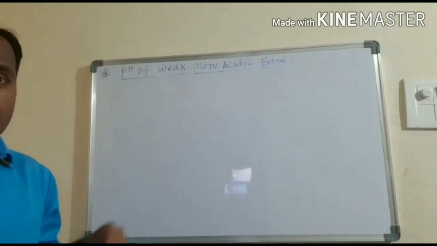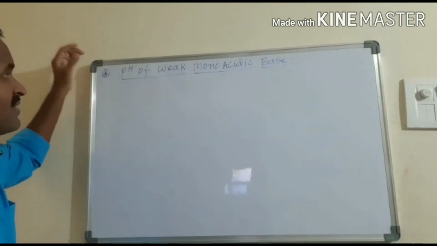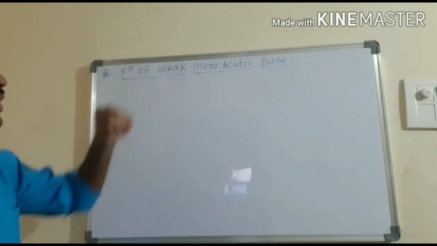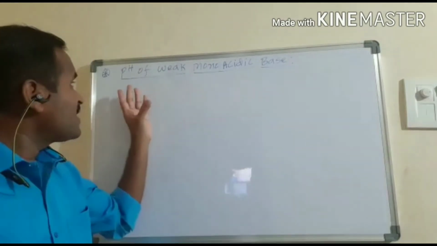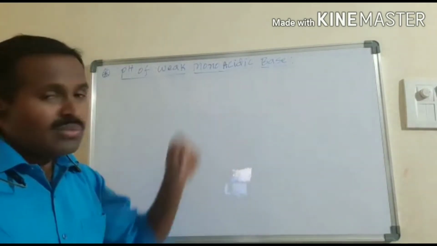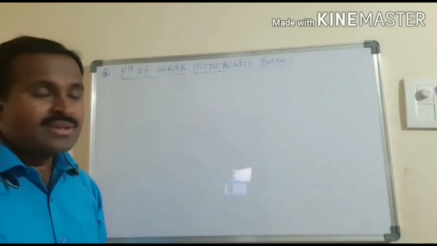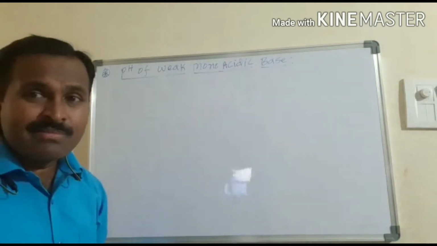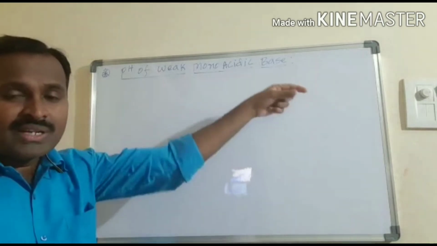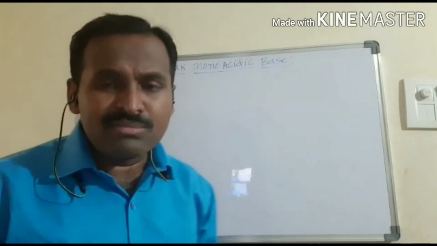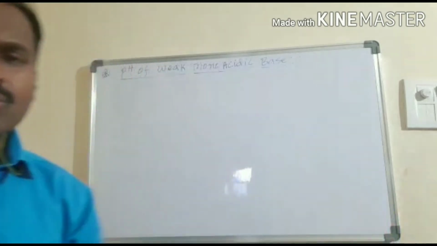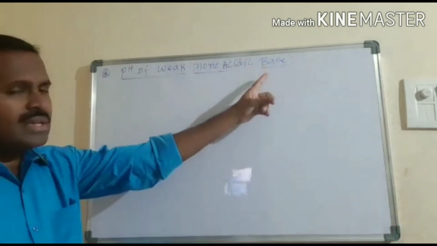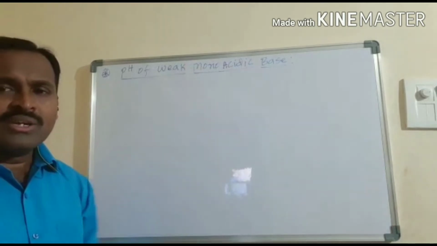Okay, next, the pH of a weak monoacidic base. Till now we have discussed the pH of a weak monobasic acid. Now we have the monoacidic base, meaning the base whose acidity is equal to 1.